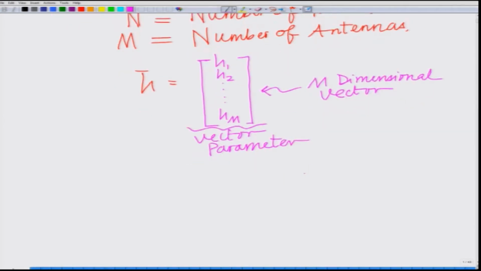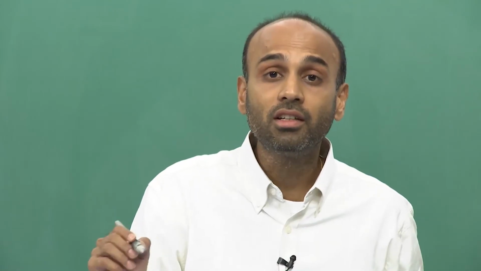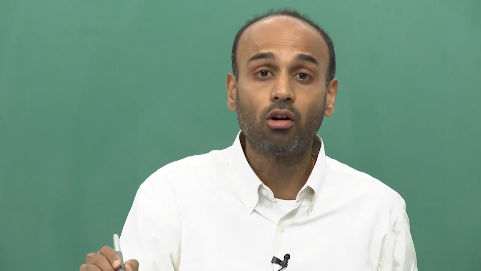And further, we are considering a Bayesian vector parameter, in which we are assuming each coefficient h_i to be Gaussian in nature with 0 mean and variance sigma h square. Alright. So, this is a Bayesian MMSE estimation scenario. Alright. So, there is some prior information about these channel coefficients or this channel vector to be estimated.